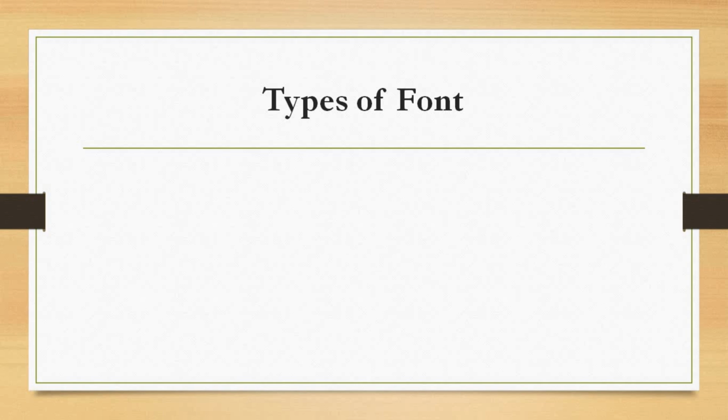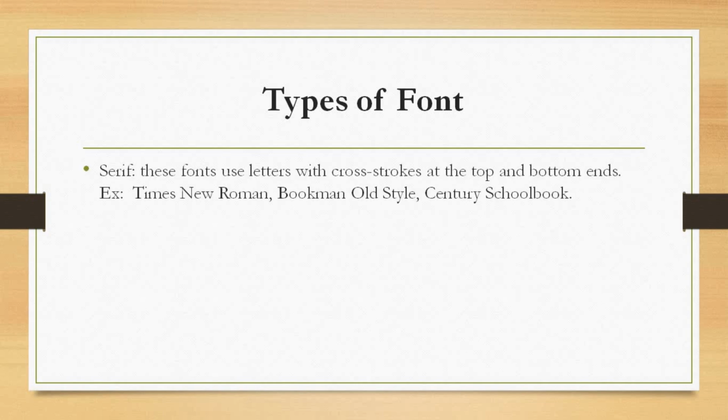Next, coming to types of font. First we have the serif font. These fonts use letters with cross strokes at the top and bottom ends. If you observe this text, we have some strokes given at the edges of the letters.